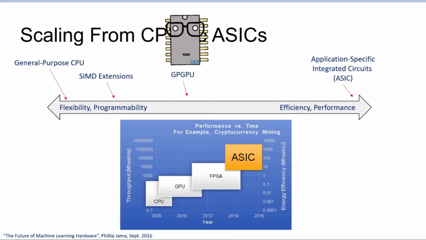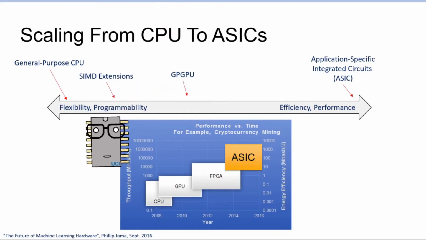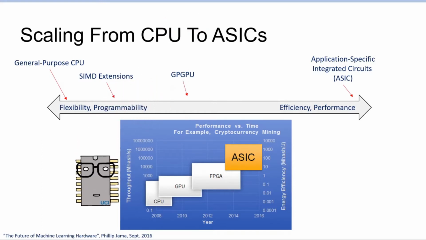And we also talked about GPUs, which move much further down the efficiency and performance scale. But they are also a little bit more difficult to program. It forces you to write in a parallelism-aware manner, and it hides fewer features of the underlying computer architecture, so you have to know more about the architecture to get more performance out. And the trade-offs in flexibility and performance are quite stark.